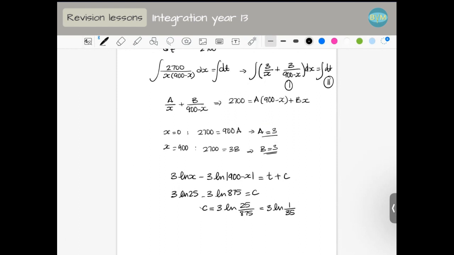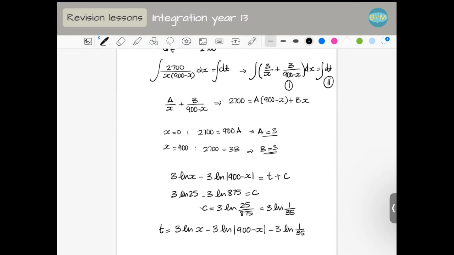That's your constant of integration, which means t is 3 ln x minus 3 ln 900 minus x minus 3 ln 1 over 35. Yeah, just putting everything together.